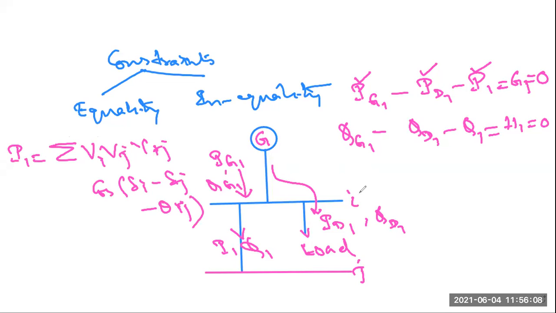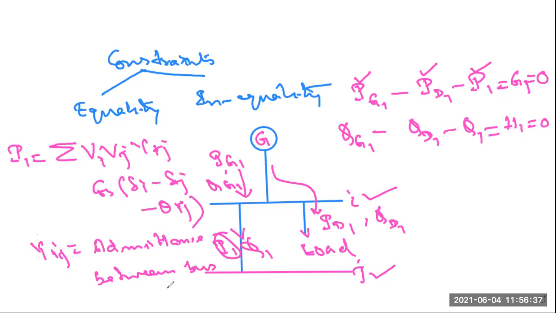Now what is this? Vi is the voltage of this bus. We are calculating this P1. This will be derived in due course of time, in your course. And Vj is the voltage at this bus. Yij is the admittance between bus i and j.